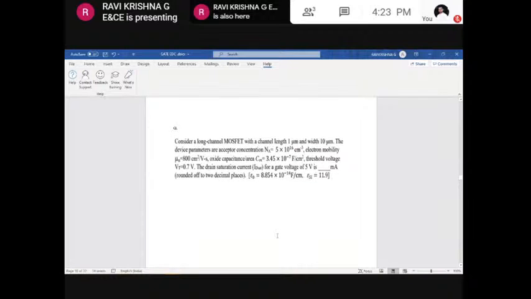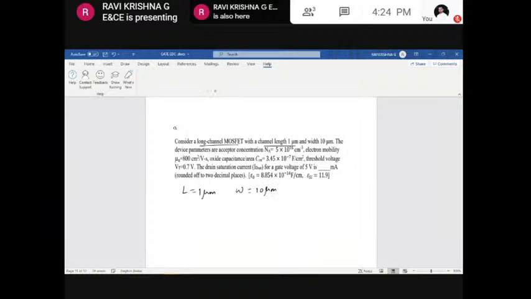Okay. Now let's move on to the next question. And again, this is a direct question. Here we need to consider a long channel MOSFET with a channel length of 1 micrometer and a channel width of 10 micrometer.